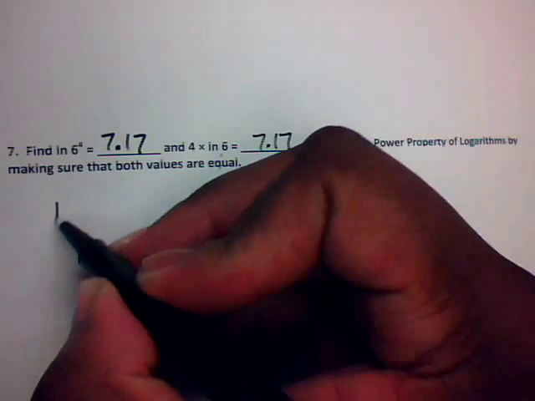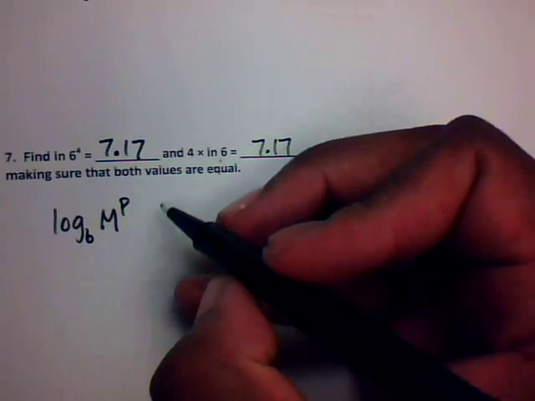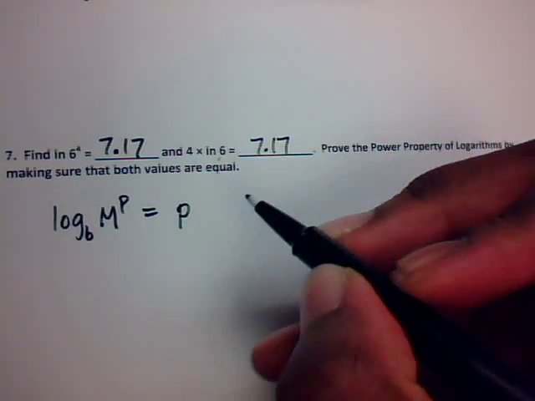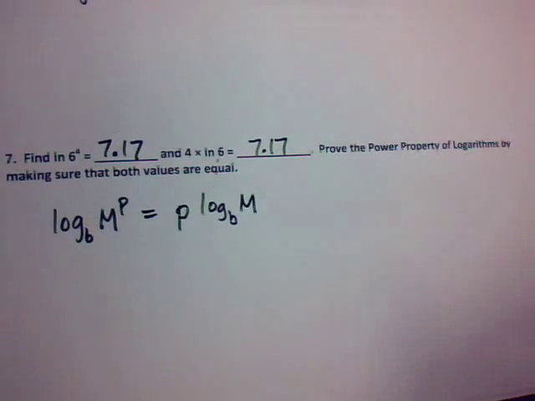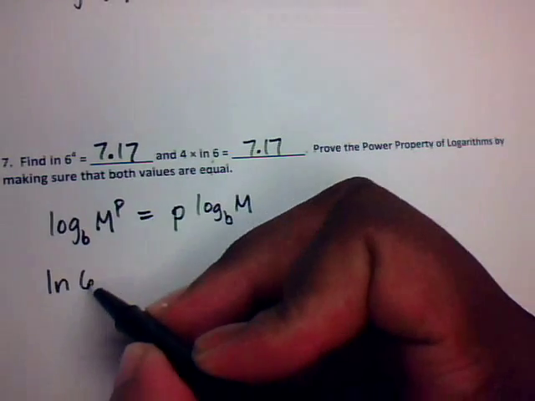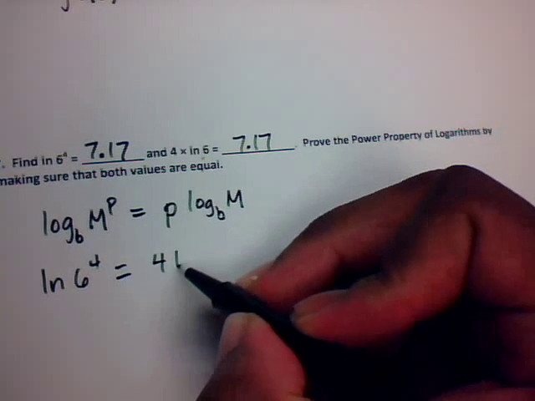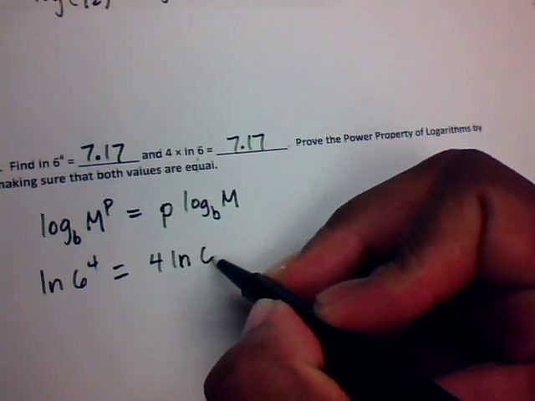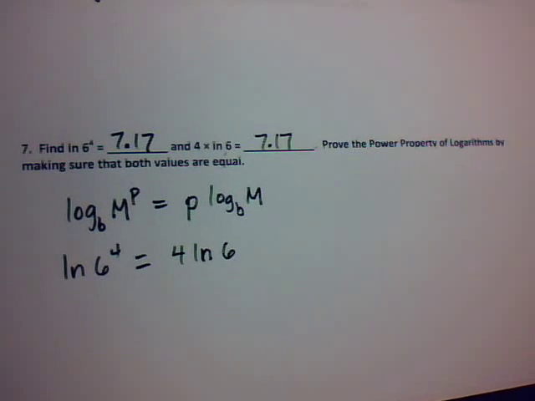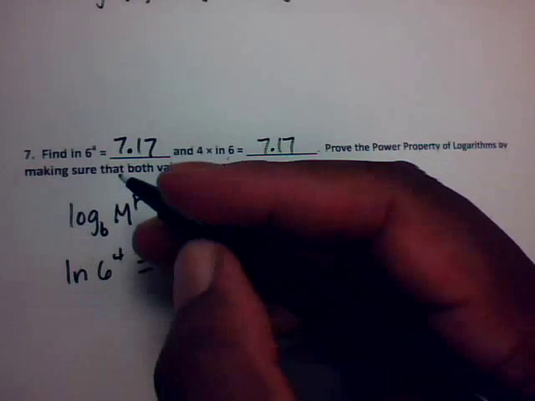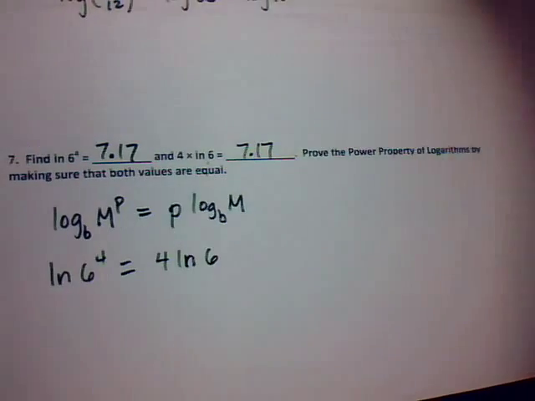That means that the log of an expression raised to a power is going to be the exponent multiplied by the log, which means ln of 6 to the fourth, the 4 goes in front of the ln, which will be 4 times ln of 6. That's the power property of logarithms. We put the exponent in front of the log, or in front of ln.